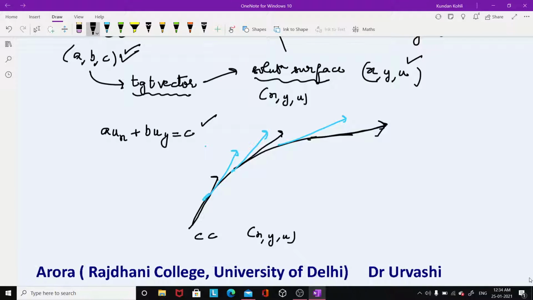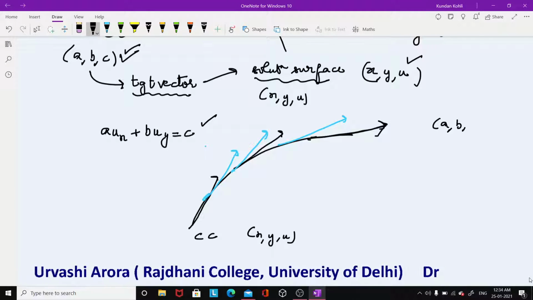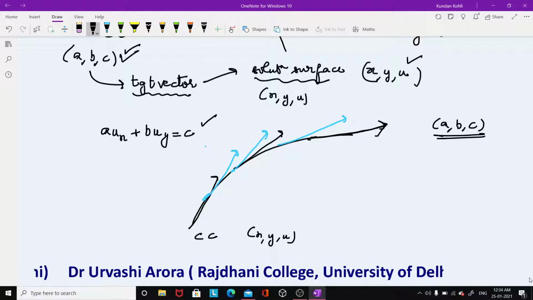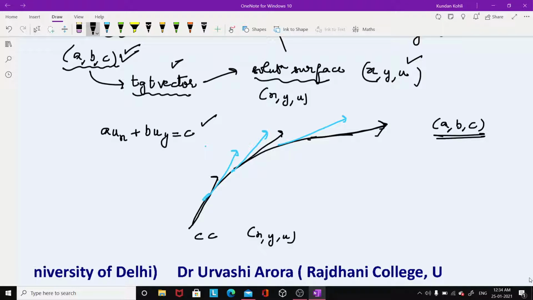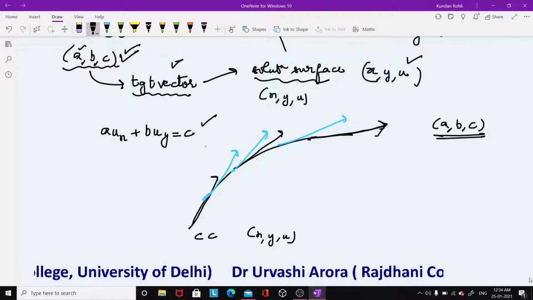Now what is the characteristic direction? Characteristic direction is the direction of this particular vector, which is the tangent vector, formed from the terms which are coming from the quasi-linear equation.